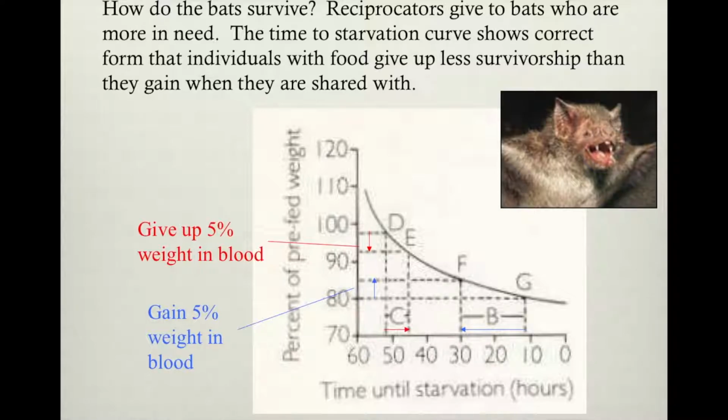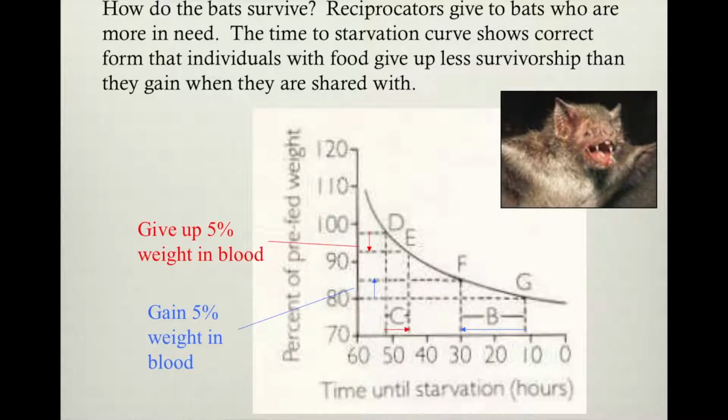What this means is that individuals who are early in the curve, because it's the inverse of the diminishing returns curve, have recently fed. They've got a long period of time until starvation. They're able to give up a small proportion of their body weight. If they've recently fed, they're at about 110% of their pre-fed weight to about 100% of their pre-fed weight.